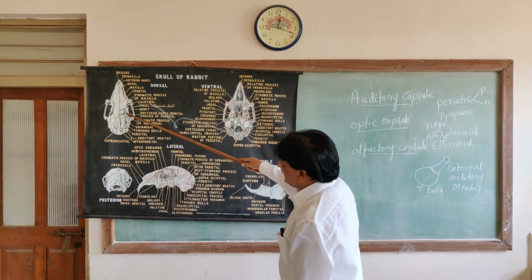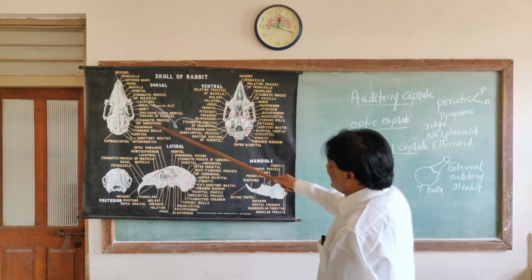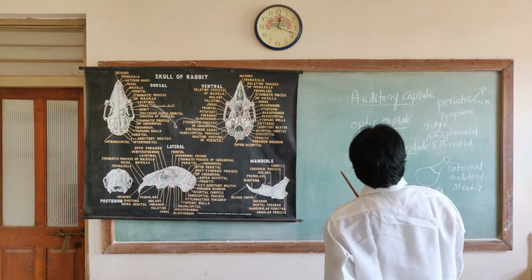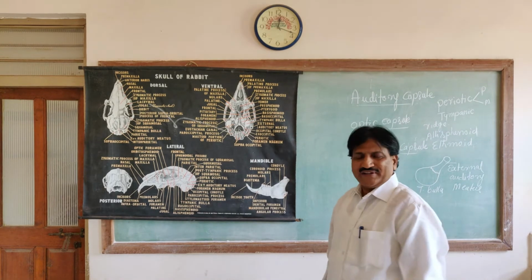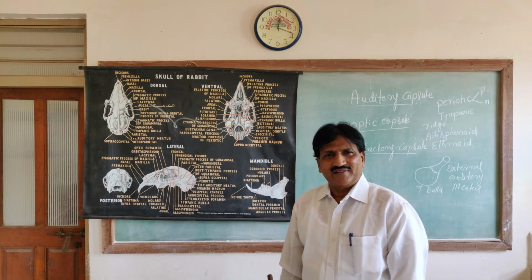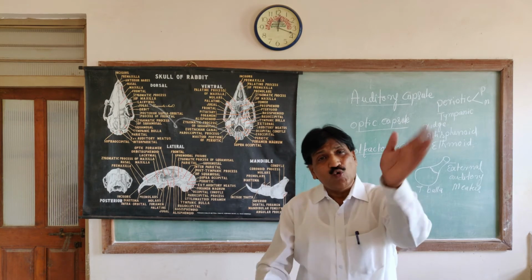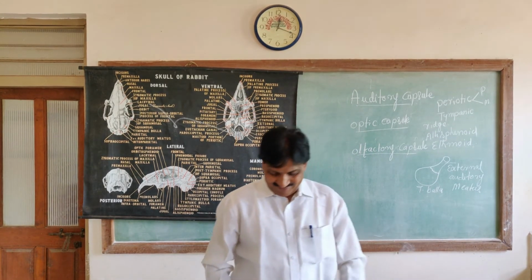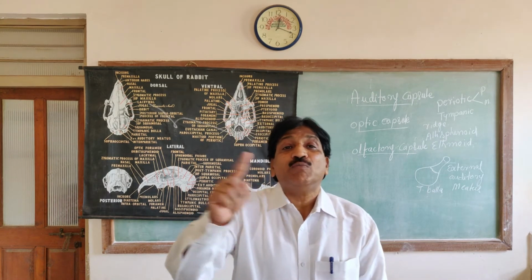The inner part is supported by the alisphenoid, and also one more bone, the ethmoid bone.